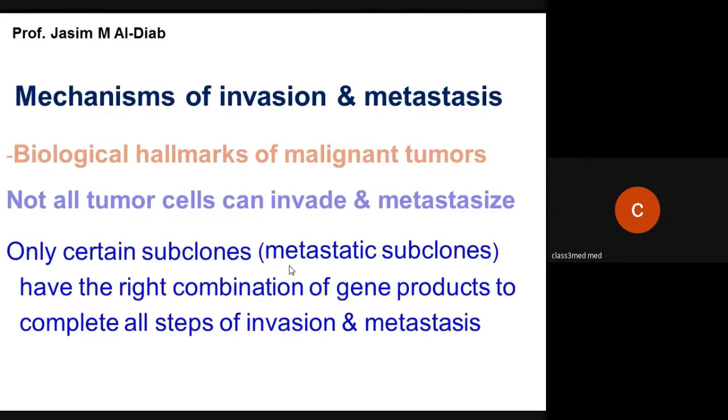When the tumor cell starts invasion and metastasis, at each stage a certain protein must help it pass this stage. So if all these required genes are expressed, it can metastasize and reach a distant site. These tumor cells are called metastatic subclones. Each tumor cell that has the complete set of genes required for completion of all steps of invasion and metastasis is called a metastatic subclone.